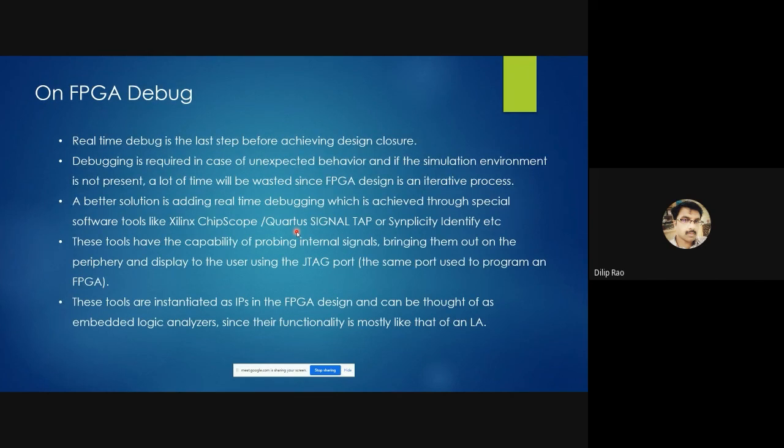On FPGA debug, it becomes very crucial to be able to debug the design on FPGA. However, please be aware that the debug capabilities are very limited on an FPGA. You don't have the flexibility of a full-scale waveform like we have in simulation. If at all, you need to probe the design internals in real time. You need to go through the iterative process of synthesis and placement and routing again.